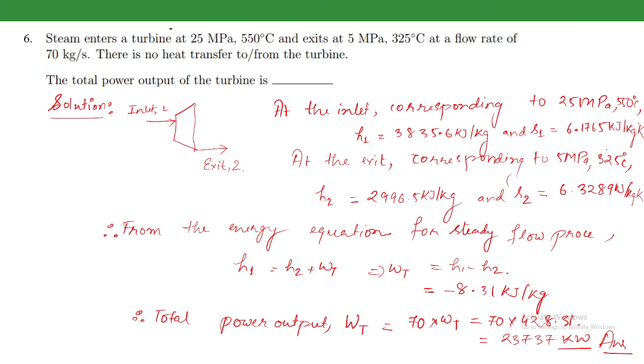This won't be 428.31, this will be 339.10. And this is the same, 23737.